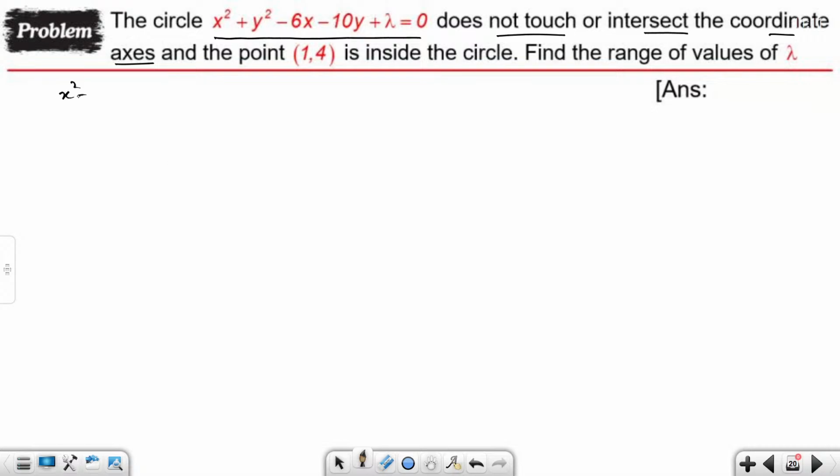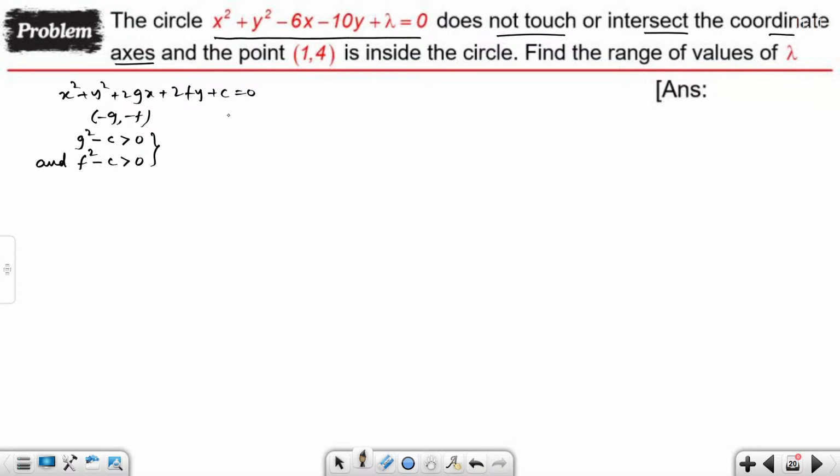For a circle, the center is minus g, minus f. And when it is not touching or intersecting the coordinate axis, then g square minus c is greater than 0 and f square minus c is greater than 0. These are the two conditions in which the circle is not going to touch nor intersect the coordinate axis.